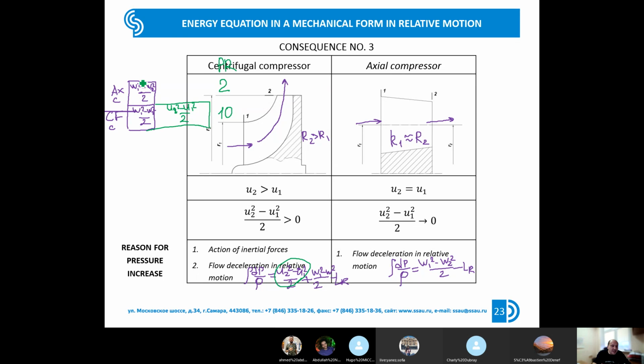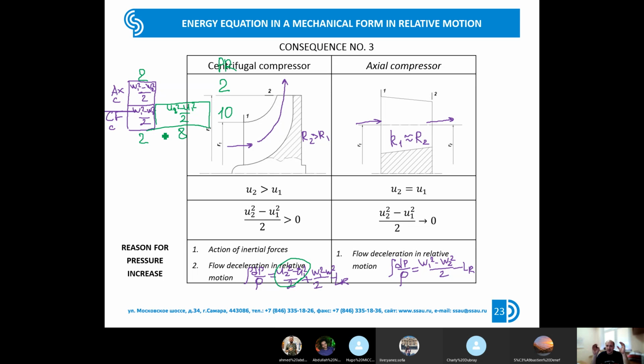It means that this part of energy is two pieces, two units of energy, and this part of energy, the green one, is 8 units of energy.